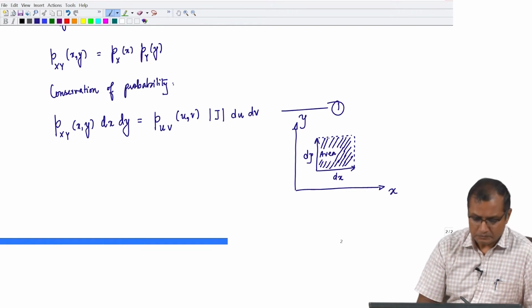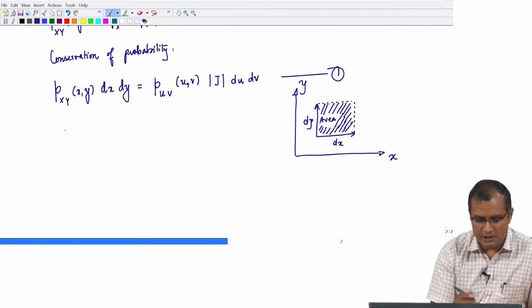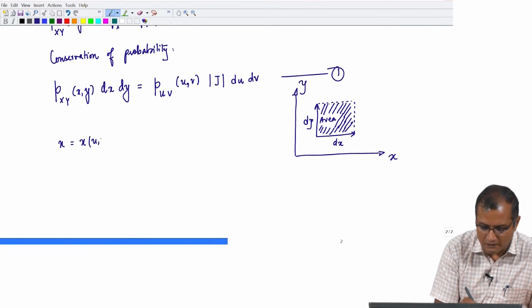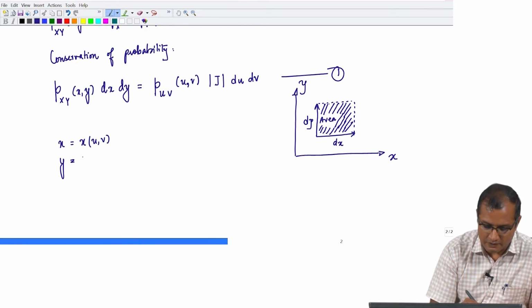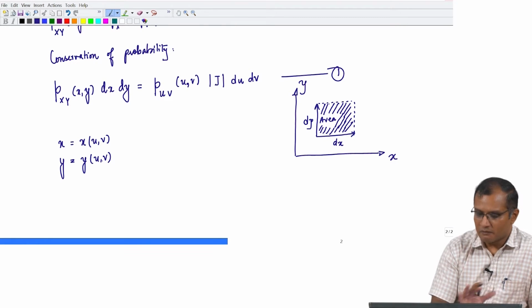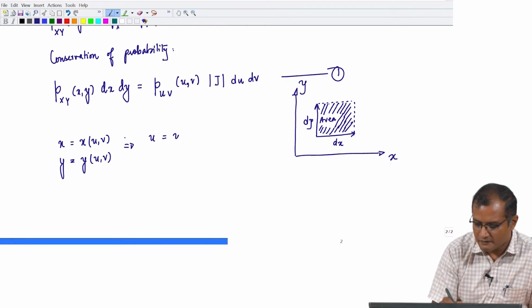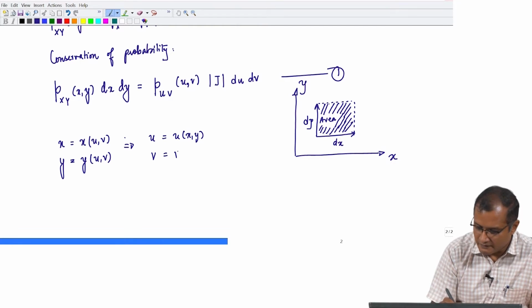And because our variables x y depend on variables u and v, I can write down x as a function of u and v, okay, and y as a function of u and v, or I can invert them and also write down equivalently that u is a function of x and y and v is a function of x and y.